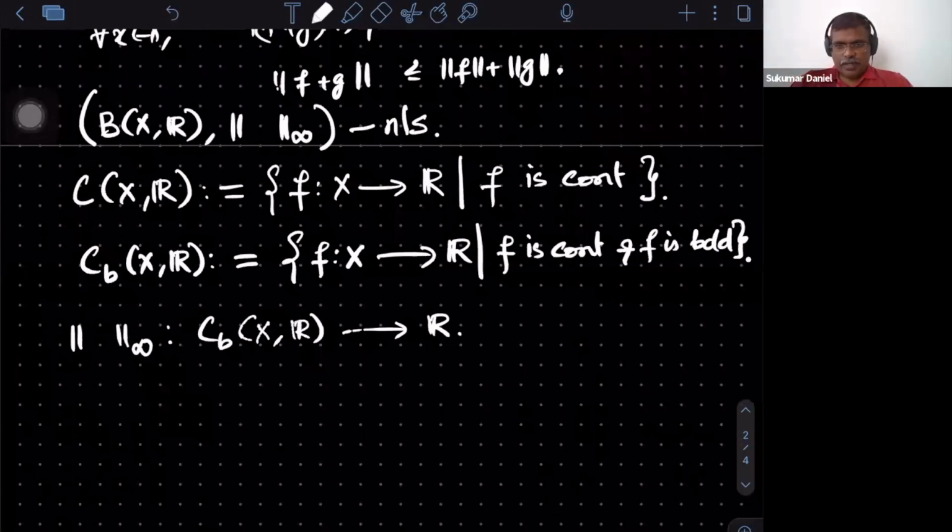But if you have done metric space and topology, I don't need to assume boundedness. By assuming something on x, I can get boundedness. For example, if I assume x to be finite, I will get boundedness for free. And if I assume x to be compact, again I get boundedness for free, because a continuous function on a compact set has its maximum and minimum, so it will be a bounded function.